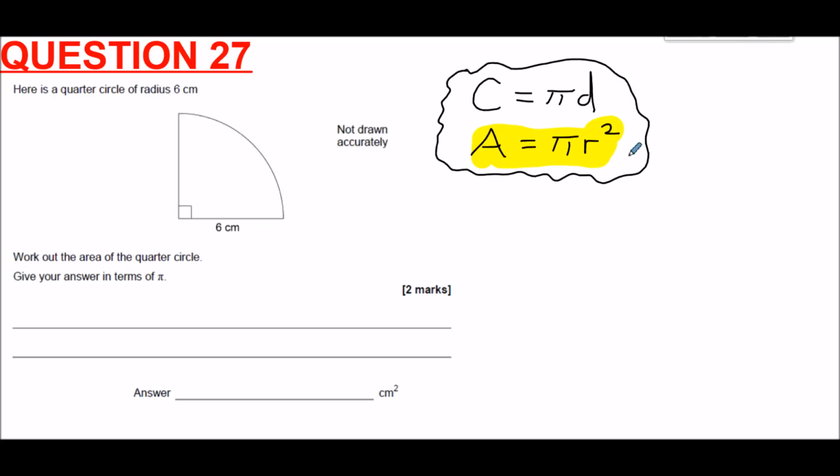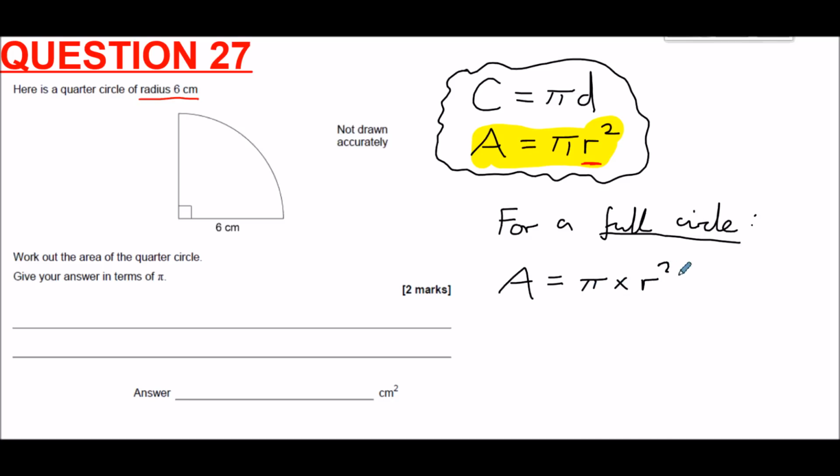So we need to know what the radiuses are. We're told that, luckily, the radius is 6. And so for the full circle, because you need to remember we're not dealing with a full circle, but we'll come to that in a second. If this were a full circle, the area of it would be pi multiplied by the radius squared.